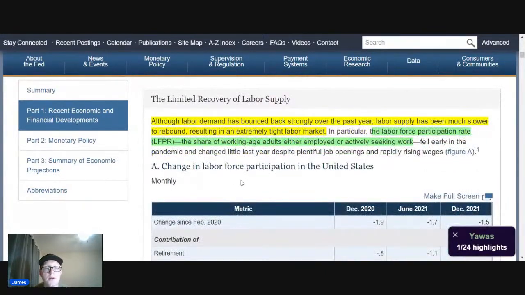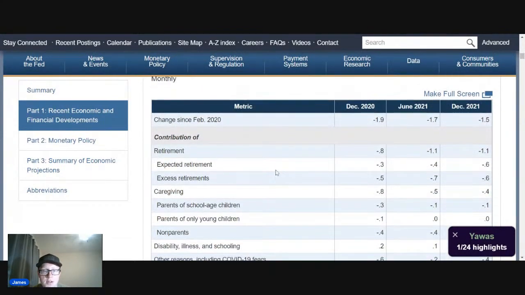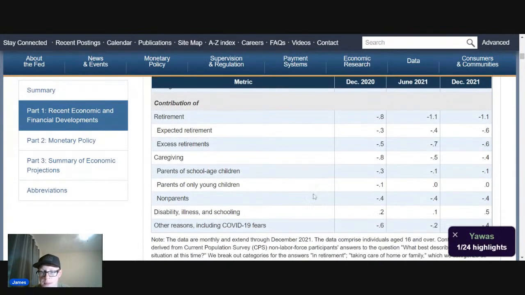Okay, so we're going back more into the labor force participation rate. Again, working age adults that are either employed or actively seeking work. I haven't gone through this chart, my God, this table, in depth. I kind of wanted to do it live just because, why not?